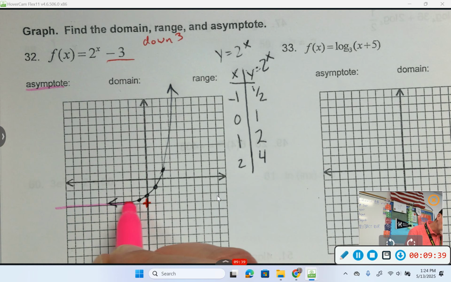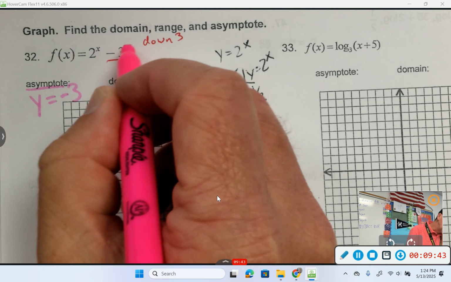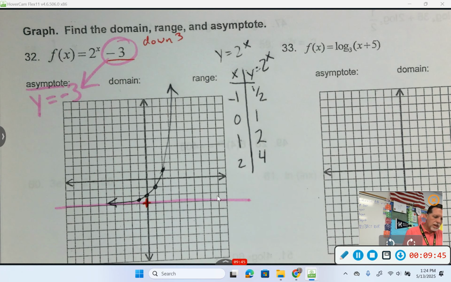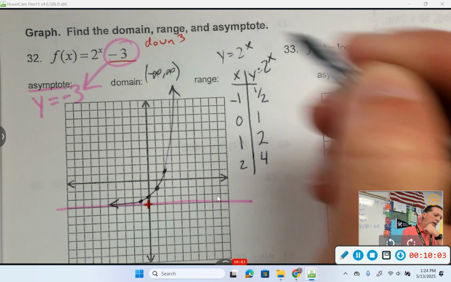Speaking of asymptotes, y equals -3. All right, we shifted the graph down 3, so I think it makes sense that the asymptote went down 3. How about domain? A couple of them. And range?